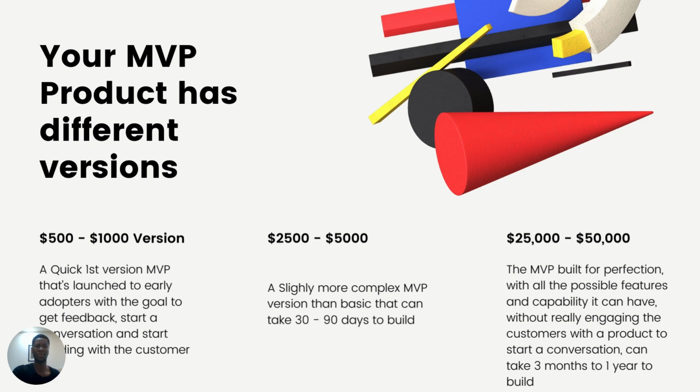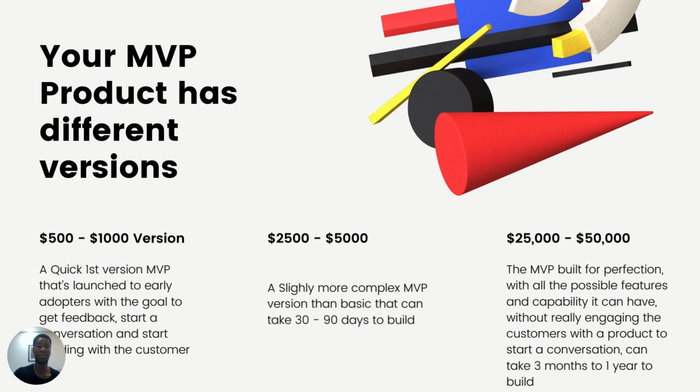That is the specifications completely cut down, and I can give you a 2,500 to $5,000 version of that idea, and I can also give you a 25,000 to $50,000 version of that idea. So it really comes down to the amount of features that each of your ideas have, and how to really tailor those features to the specific problems that your MVP solves.